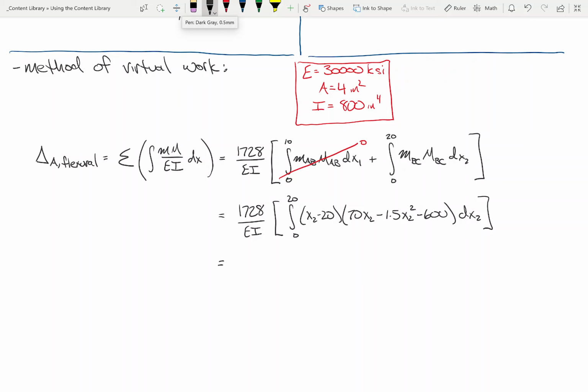All right. So I want to ask everybody, are we experienced enough with the tenets of definite integration that I can just give you this answer? I mean, because here's an integral, here's 1728, there's E and there's I. Would you all be fine if I just said that this is 3.36?